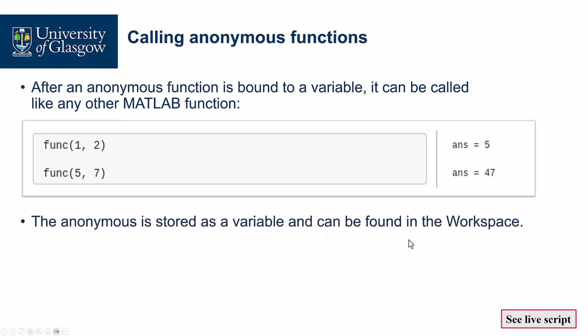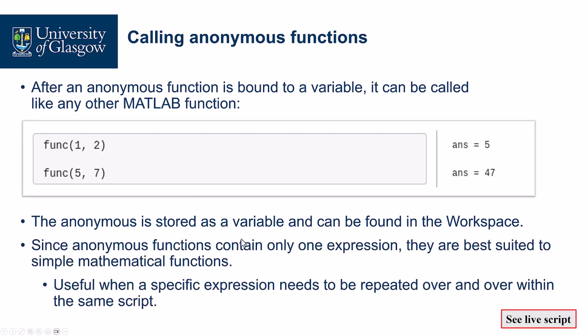If you check in the workspace, you can find this variable. So this means that we can use this variable repeatedly over and over again in the same script. We can either call it or use it as an input of another function, or use it in the script anywhere. So let's show an example.